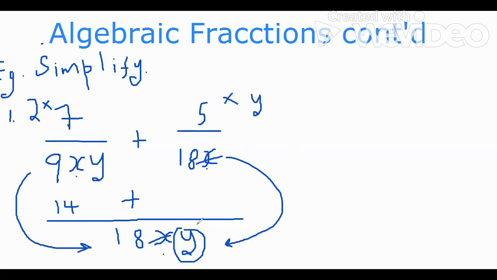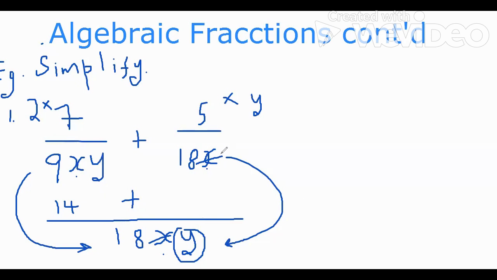Sir, you just cancel out the xy, right? So you only apply it to the left side, the 9xy part, and then when you work out the right side, you have to uncancel the xy. No man, when you cancel out xy, it regenerates back.